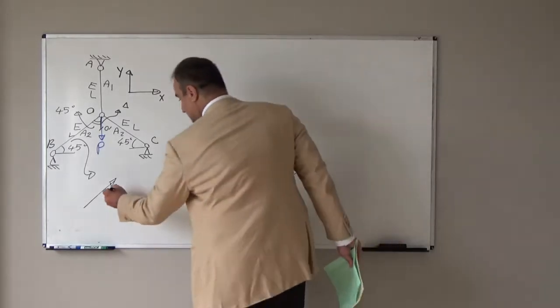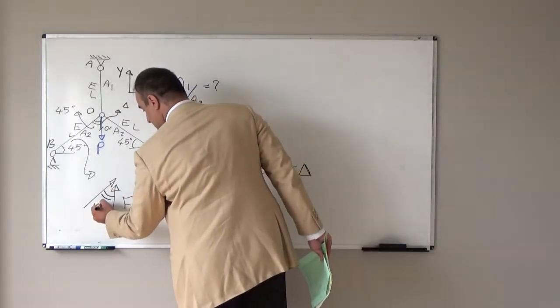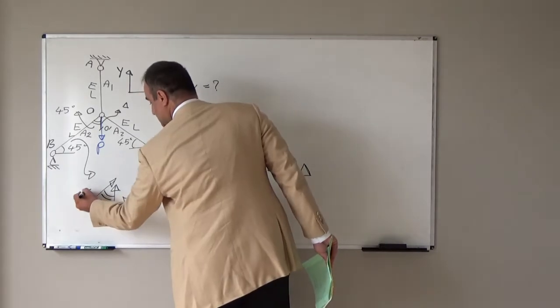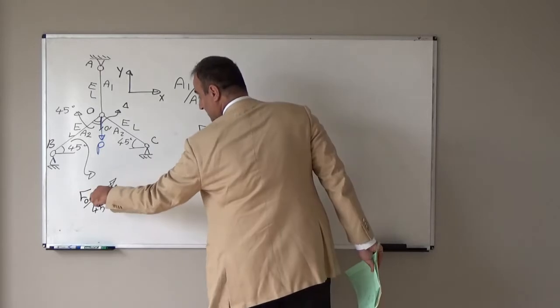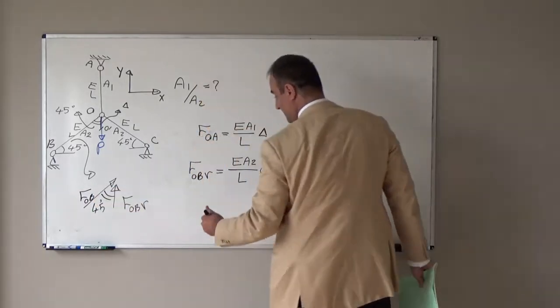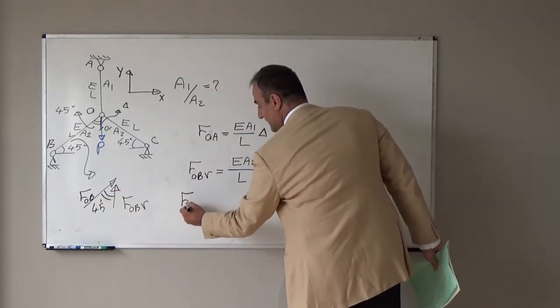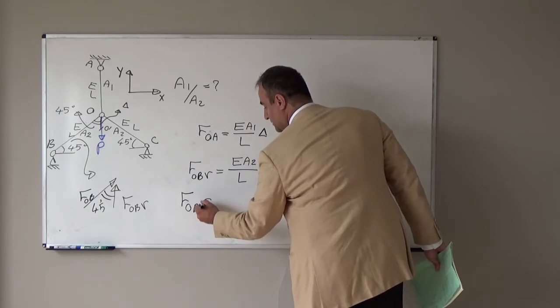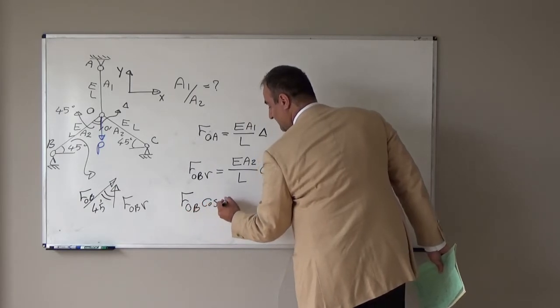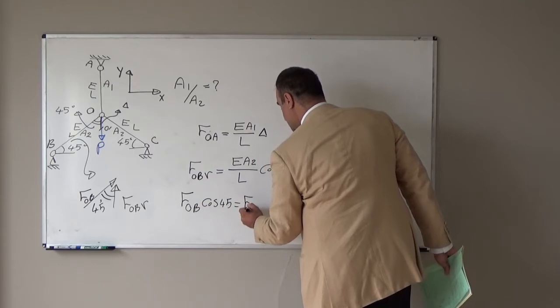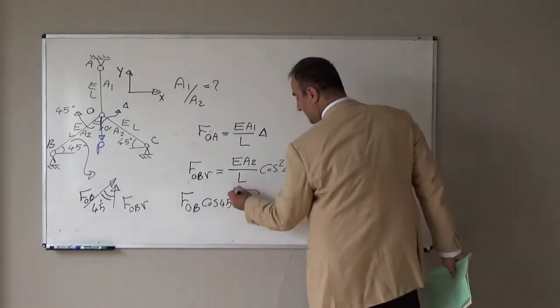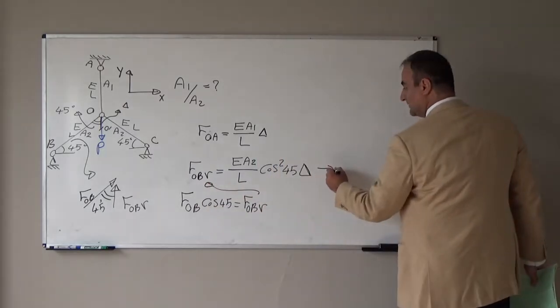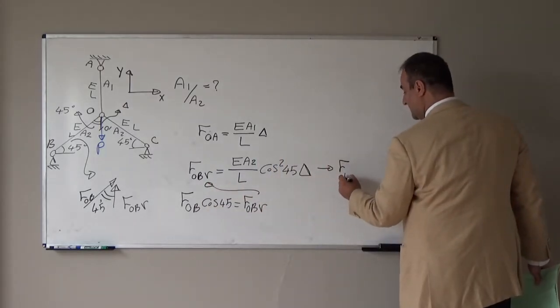Because this angle is 45 degrees, what will be FOB? From the triangle, FOB cosine 45 is equal to FOB vertical. If I plug this here, I will have FOB cosine 45.